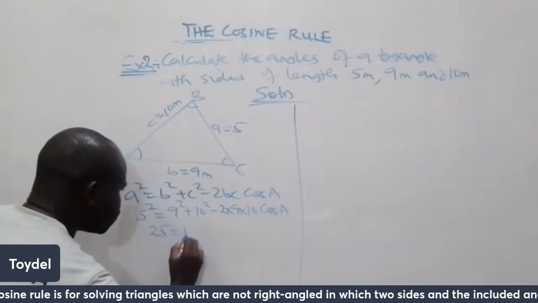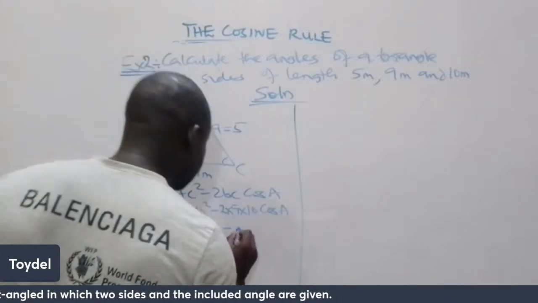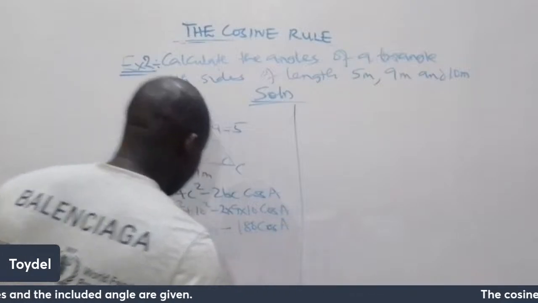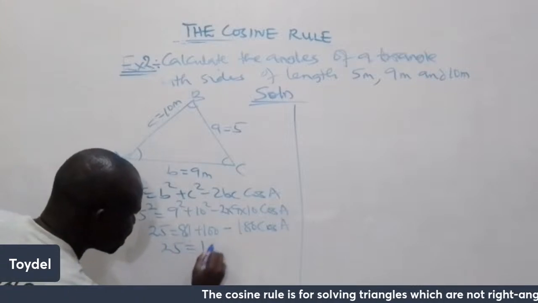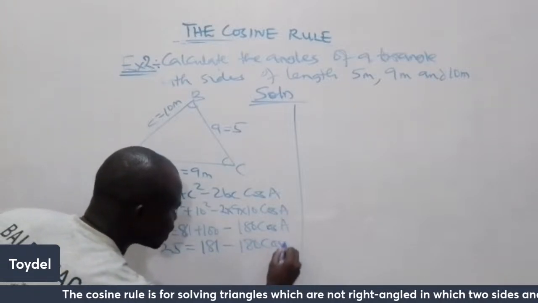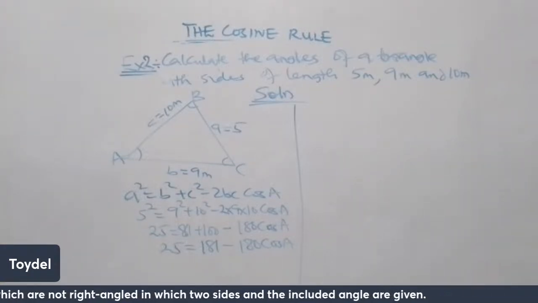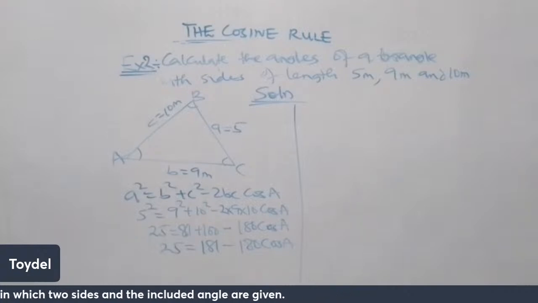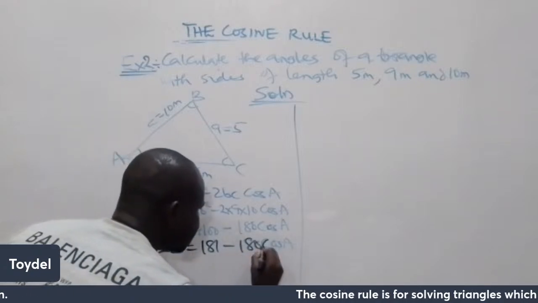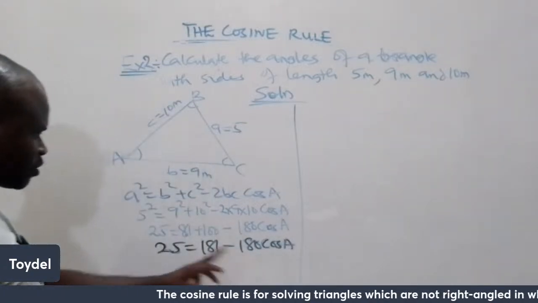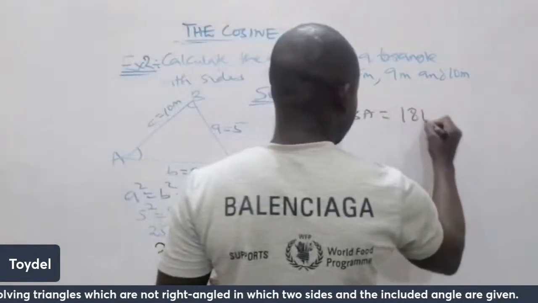Then I have 25 equal to 81 plus 100 minus 9 times 10, that's 90, times 2, minus 180 cos A. So 25 is equal to 181 minus 180 cos A. Then I can bring minus 180 cos A to this other side. 180 cos A will now be equal to 181 minus 25.